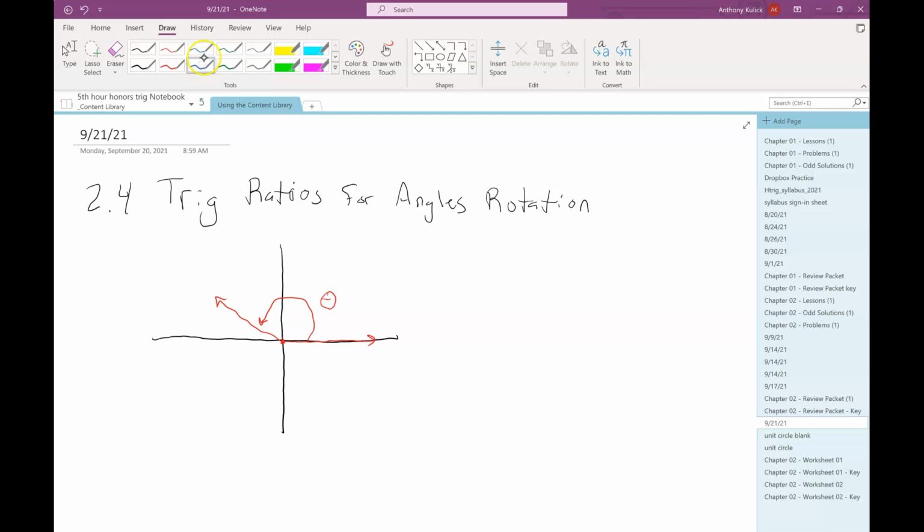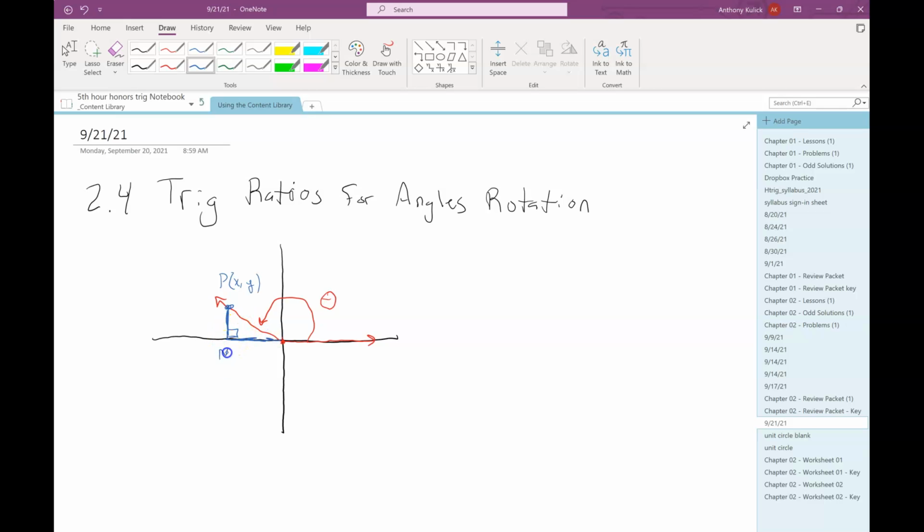So let's say that I pick some point on this terminal side. I'll call that point P. And that point is going to have x coordinate, or coordinate xy. I'm going to then draw a perpendicular back down to the x-axis.